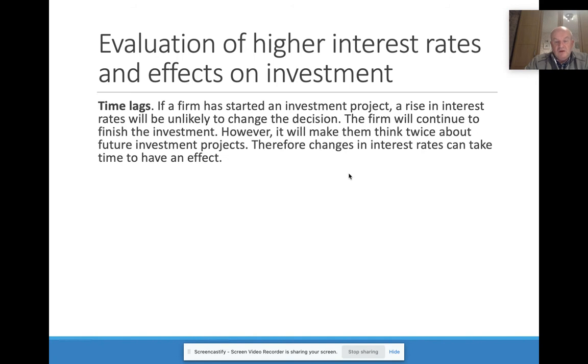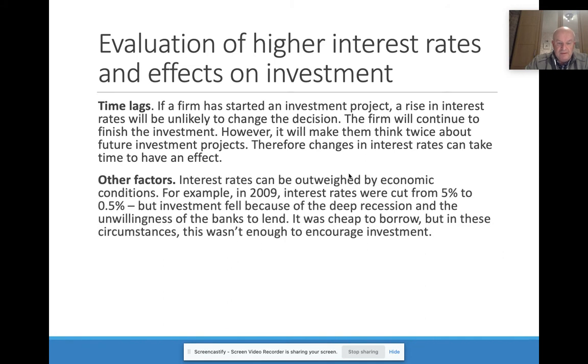That might mean the firm will carry on, or it might make them think twice about future investment projects. So the interest rates changing will have a time lag effect to bear in mind.